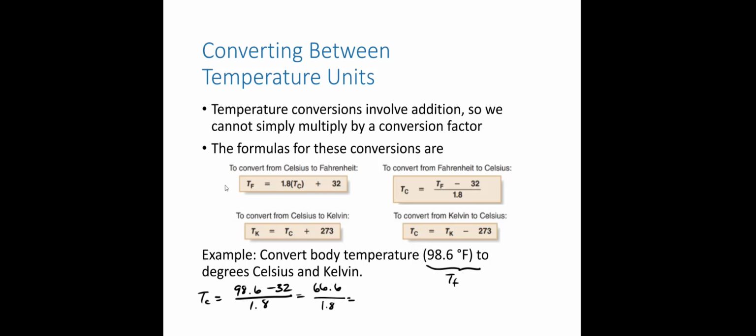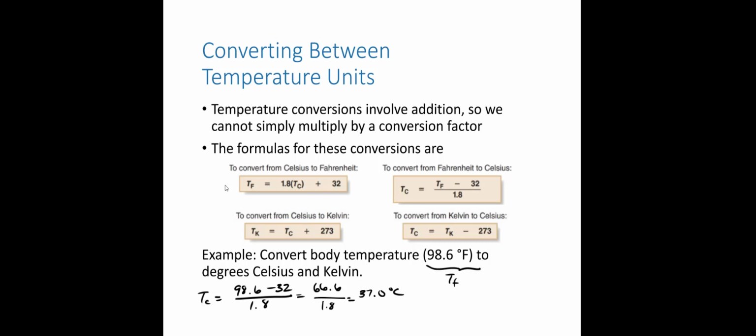And when we're done with that, we should come out with 37.0 degrees Celsius. And again, that's because the numerator has 3 significant digits, and we said this was an exact number. So 37.0 degrees Celsius.